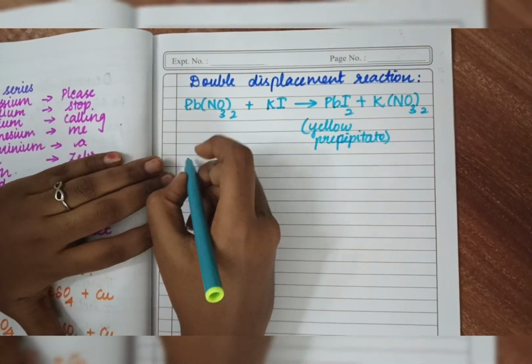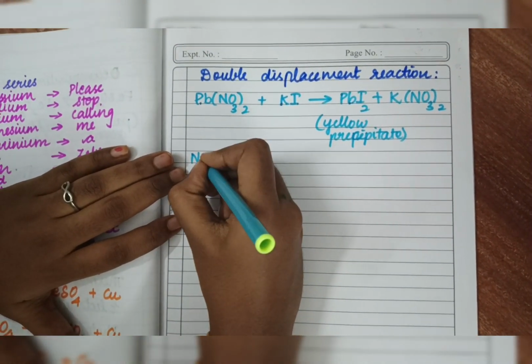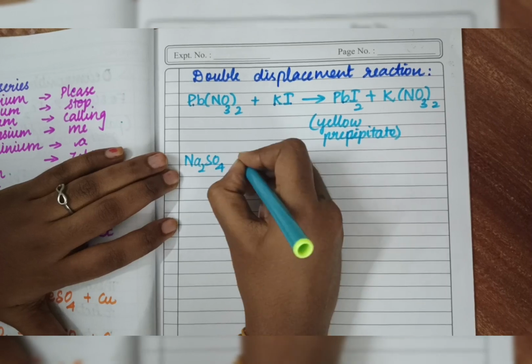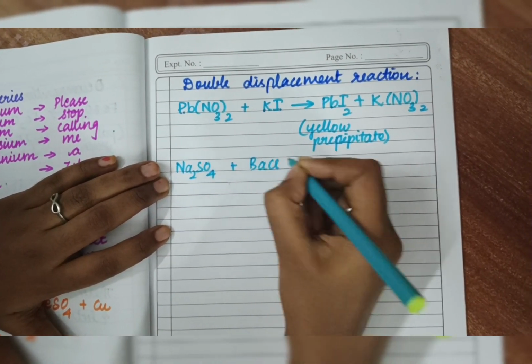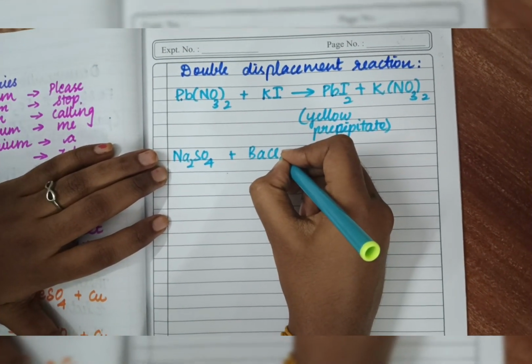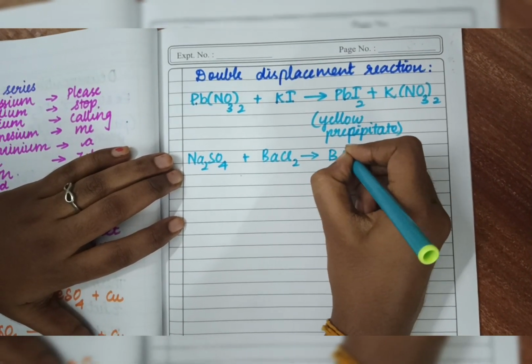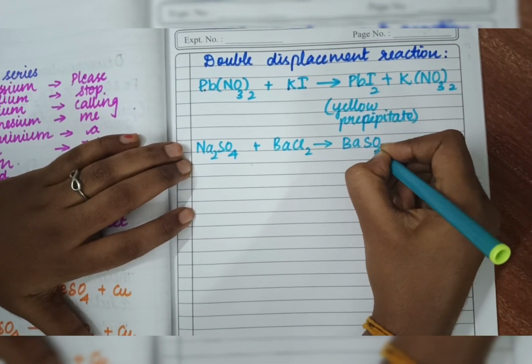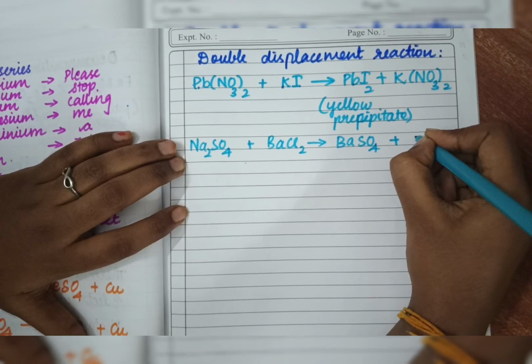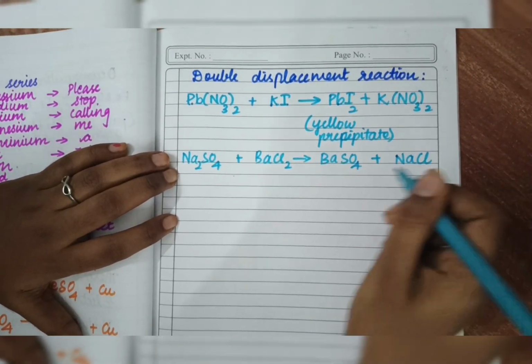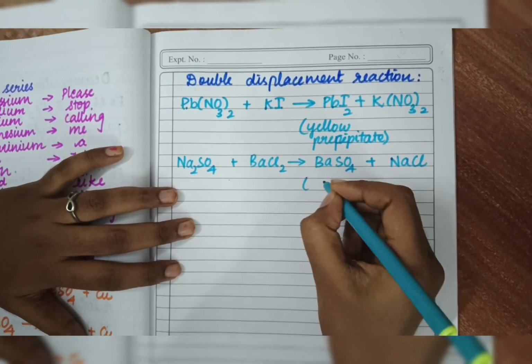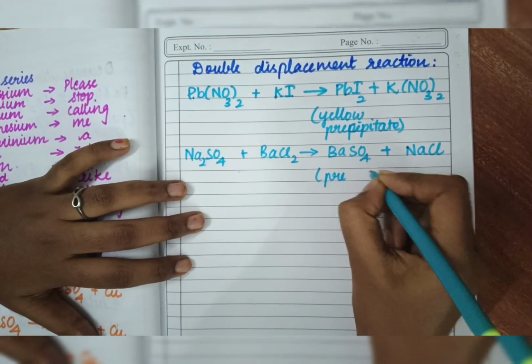Let's see another example. Sodium sulfate reacting with barium chloride gives barium sulfate and sodium chloride. Here barium sulfate is the precipitate formed.